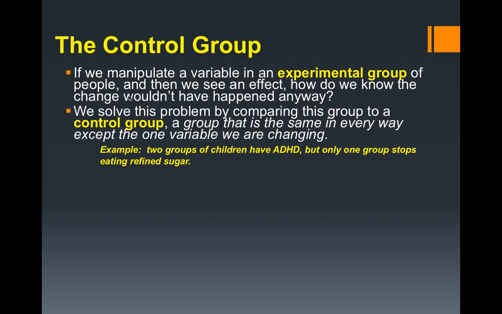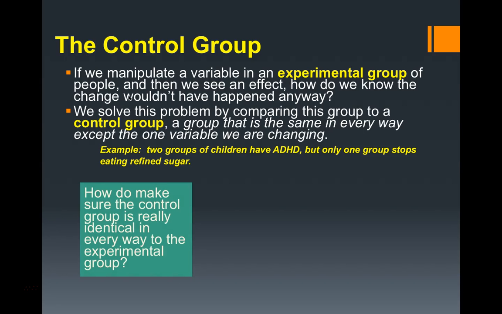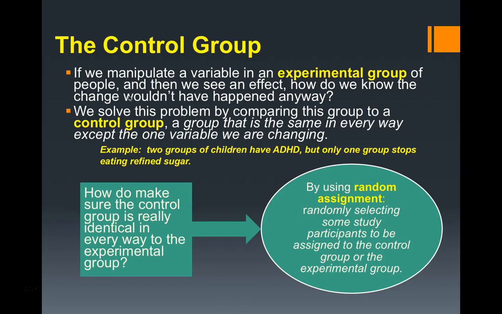We randomly assign these children who have ADHD to one of two groups. One group stops eating refined sugar. The other group is not so instructed and does not. That is our control group. So how do we make sure the control group is really identical in every way to the experimental group? That's random assignment.